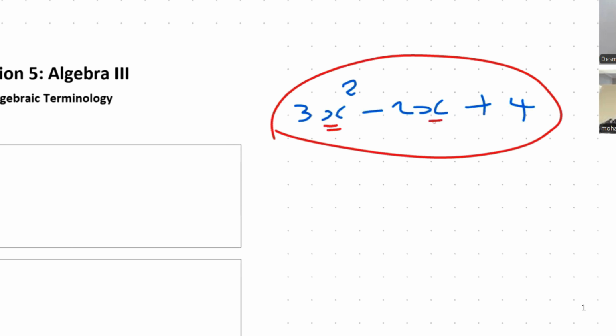When they say they want you to identify the coefficient, they are forced to be specific about which variable they are referring to. Because you can see the degree of the first x is 2. The degree for the next one is what? It's 1.